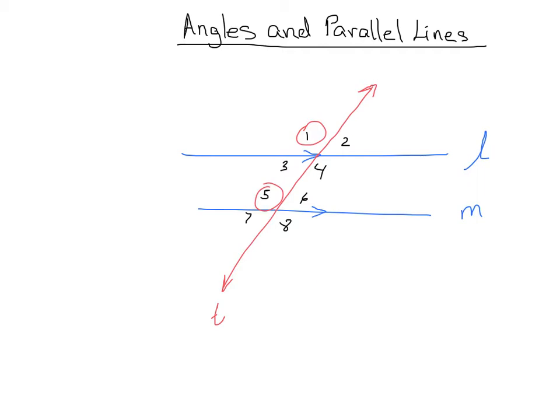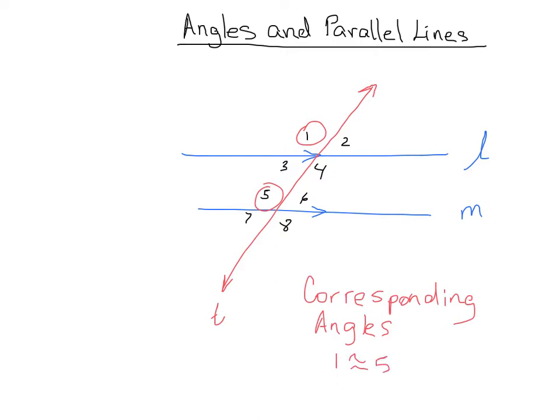So those angles are actually called, funny enough, corresponding angles. There is a rule that if our lines are parallel, like in this case L and M are parallel, corresponding angles will be congruent. So in this case, 1 is congruent to 5.